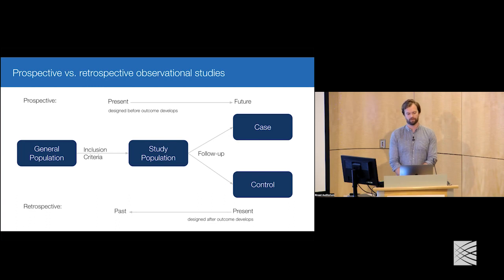And then once the study is designed, one identifies a study population, determines what types of features one would like to collect over time, and then collects those data in a specified way into the future. And this is how many clinical trials are done, for example, and it's an effective way to do research.